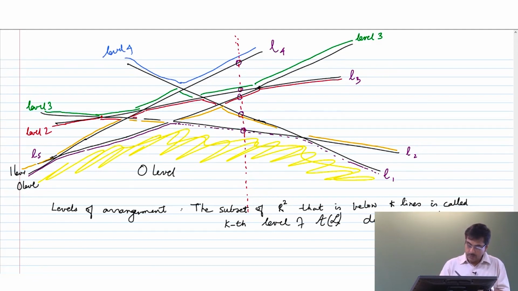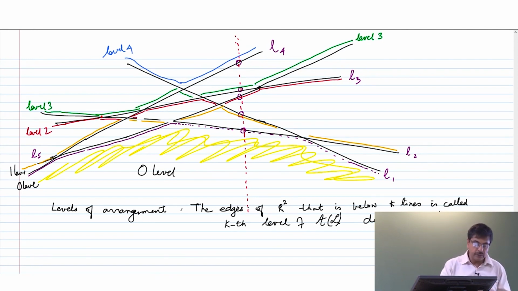Actually, sorry, I need to revise this. The edges basically mean that it should be on one of the lines. So, the edges of R square that are below k lines are called the kth level.